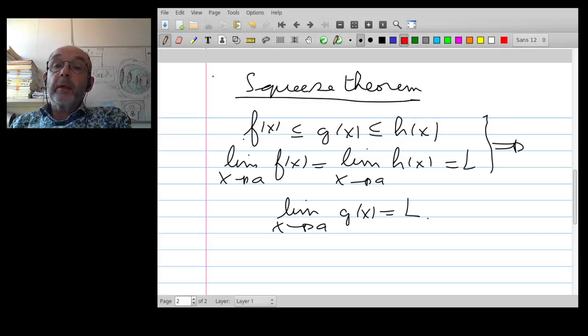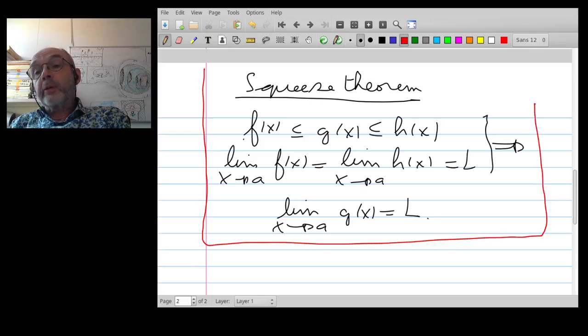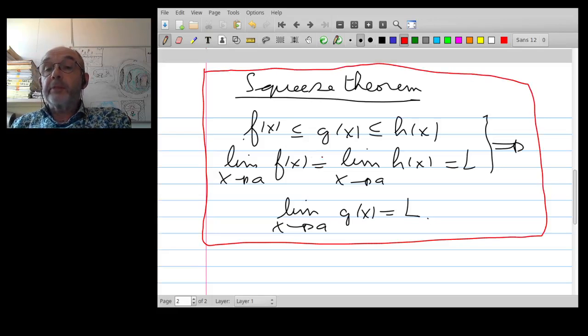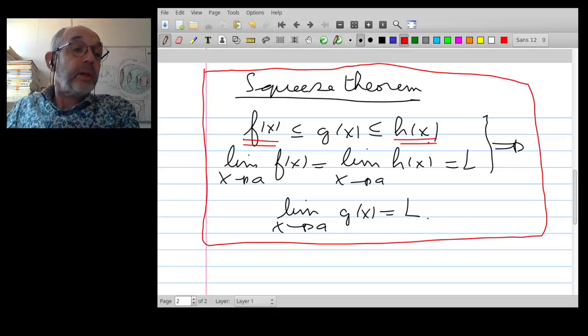So you can often calculate limits of very difficult functions by using relatively easy upper and lower boundaries, and then you can find your limits without any problem.